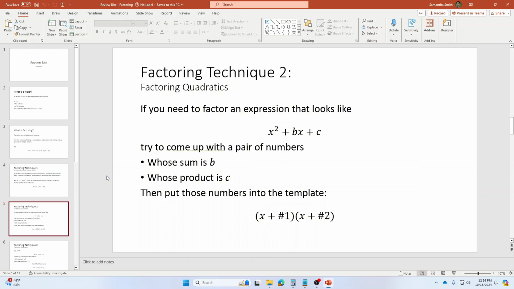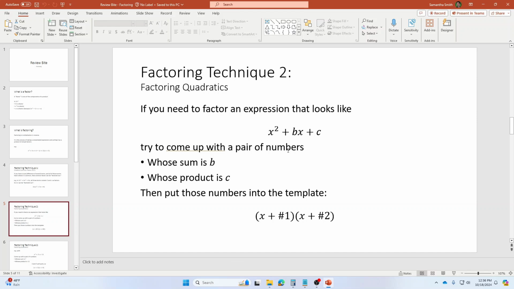Another really common technique for factoring is if you're specifically factoring a quadratic expression that looks like this: x squared on the front plus some number b times x plus some other number c in the back. When you're factoring an expression that looks like this, your goal is to come up with a pair of numbers.